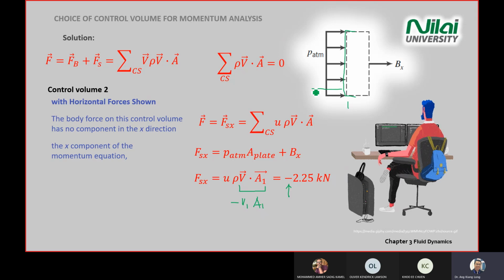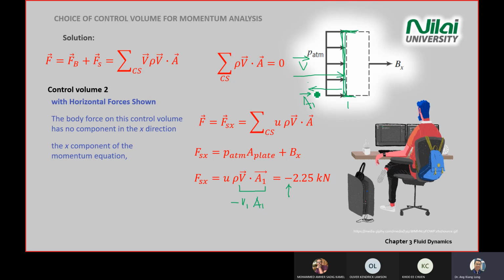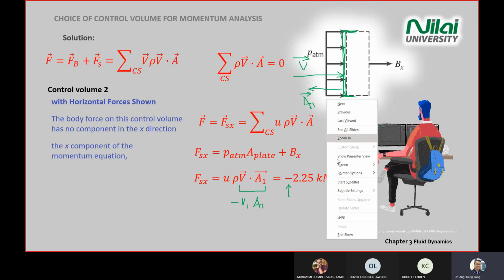You draw the opening, area going this way, volume going in. So velocity dot area vector, you get a negative sign. Again, always learn to draw the opening. Start with the area, see where the surface is pointing. The surface is always pointing out. And then you draw the velocity. You combine these two and look at the arrow. If it's in the opposite direction, then you get negative. If it goes along, then you get a positive.